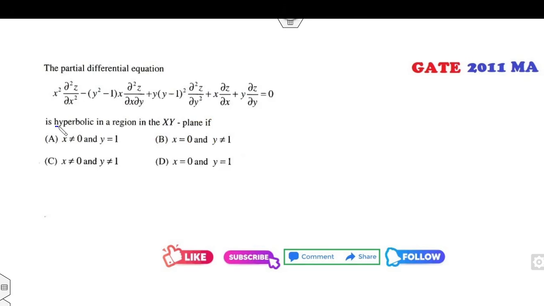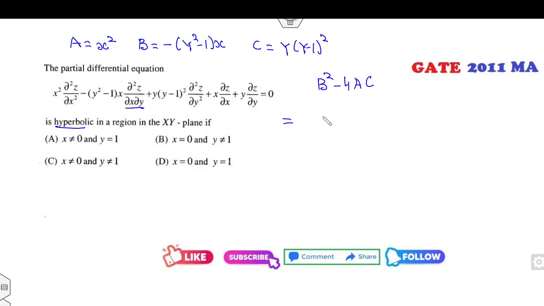Which of the following is hyperbolic in the xy plane? So a is x square. In your examination, you don't need to write like a, b, c. You can write this solution directly, but I'm writing each and every word on your screen to explain to you. So what is b square? b squared minus 4ac is x square (y square minus 1) whole square minus 4 x square (y minus 1) whole square.